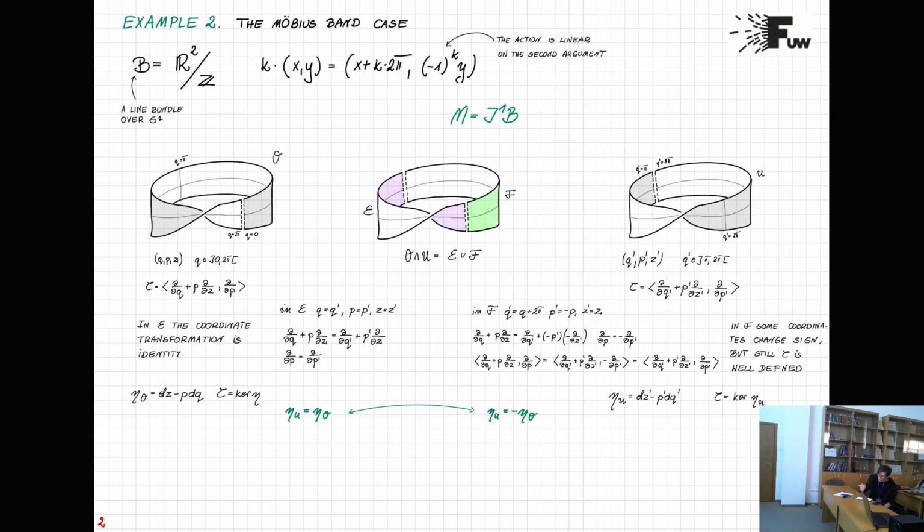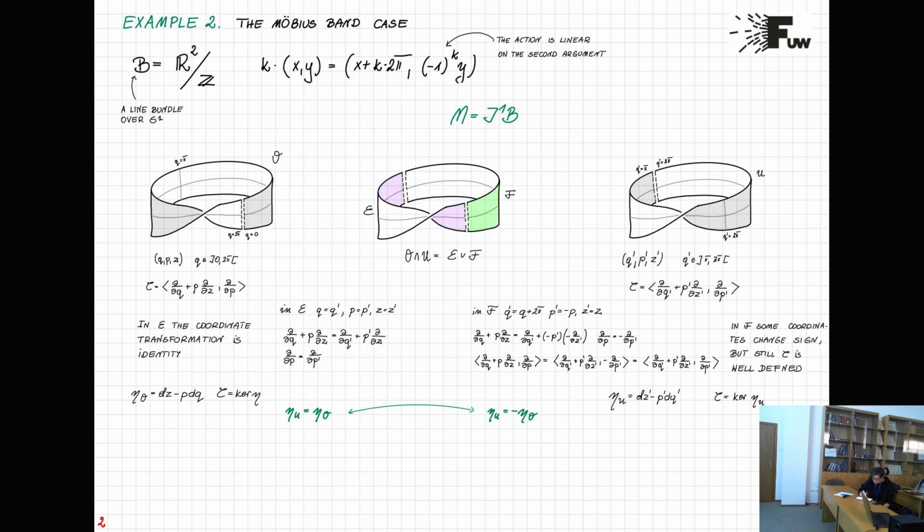So let us look at what happens with our vectors that span the distribution. Of course, over E. Over this one part of the intersection, nothing happens because we have the identity as coordinate change.